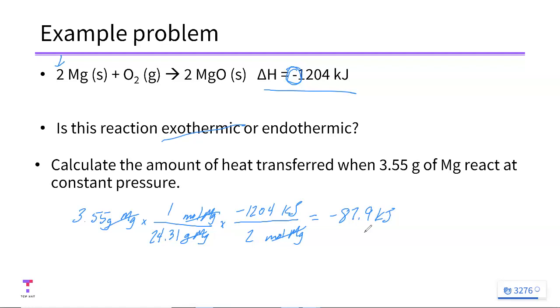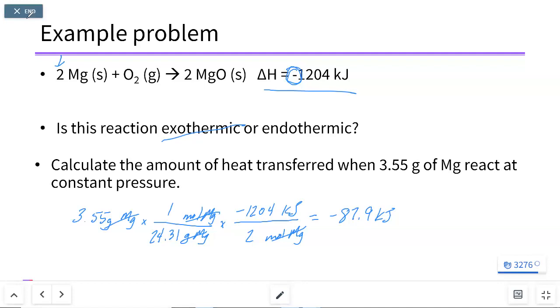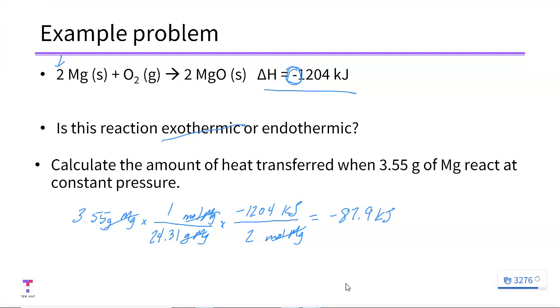So the balanced chemical equation tells me how much energy is released based upon the stoichiometry of the reaction. I can use that to then tell me how much energy to expect when I have a set amount of reactant or when I make a set amount of product.